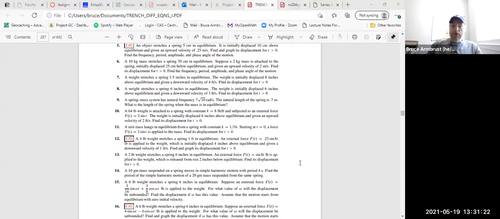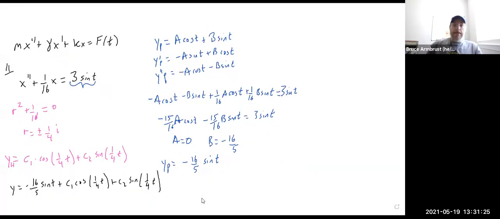So let's go back to the whiteboard and take care of that. We do know that x of 0 equals 0 and x prime of 0 equals 0. So we'll plug those back in here. When you plug 0 in, all of the sines go to 0 and the cosine goes to 1.